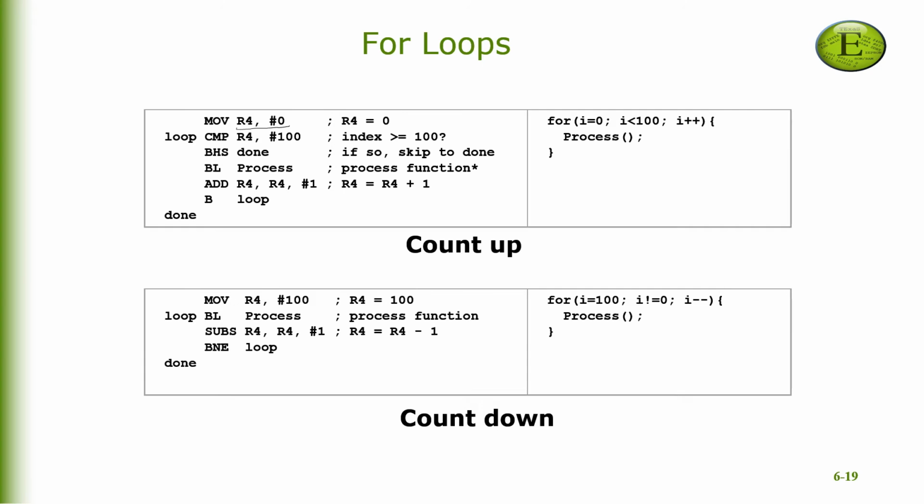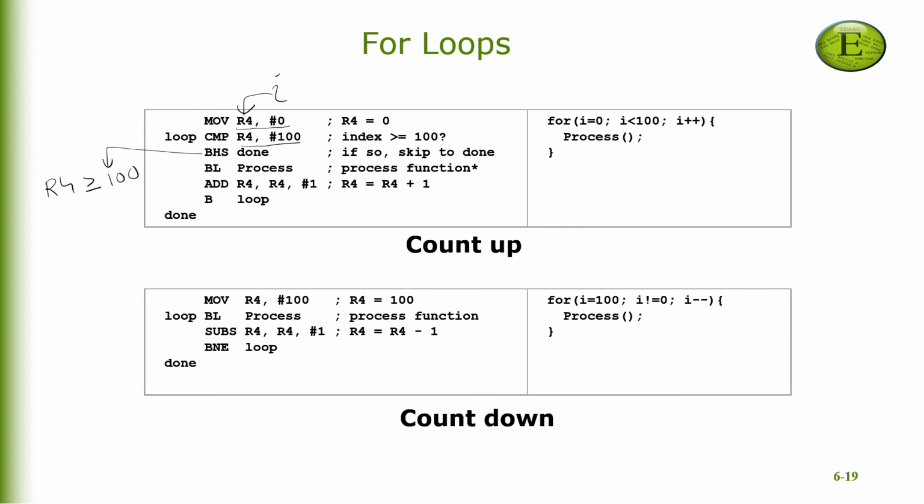So essentially, that I variable corresponds to register R4. And then we are going to compare R4 with 100. So we're really checking if R4 is greater than or equal to 100.